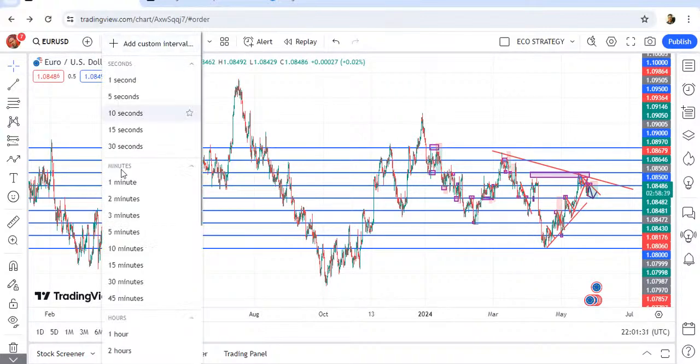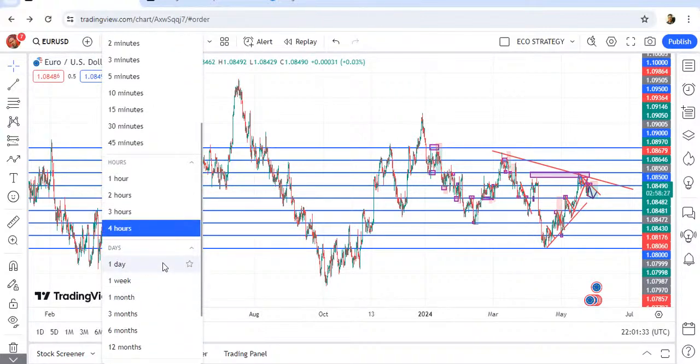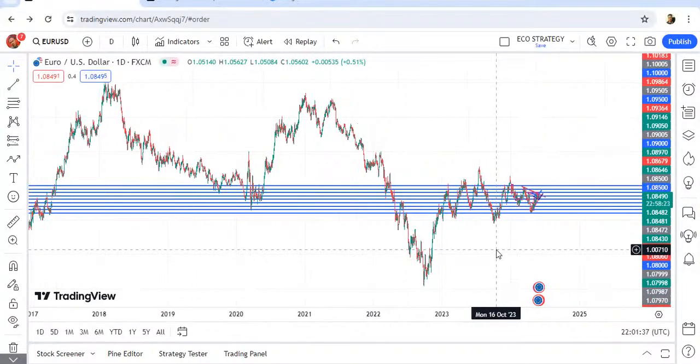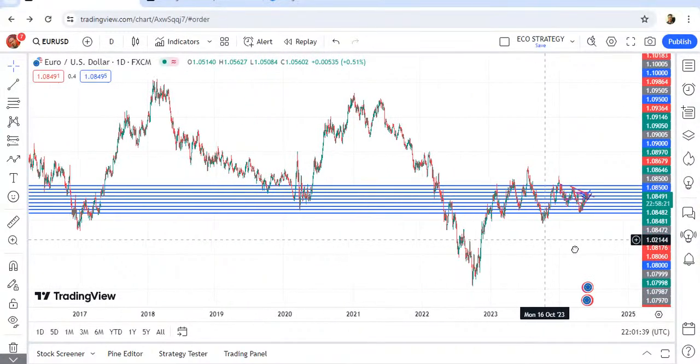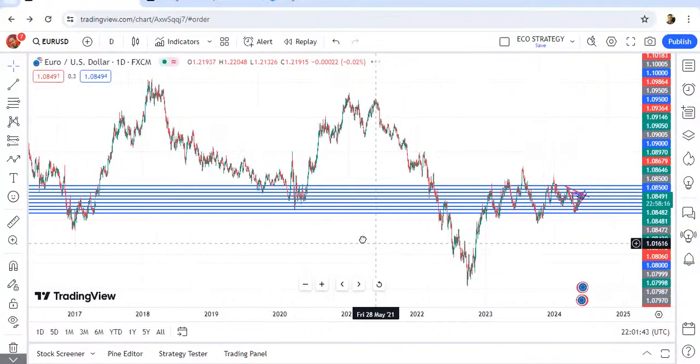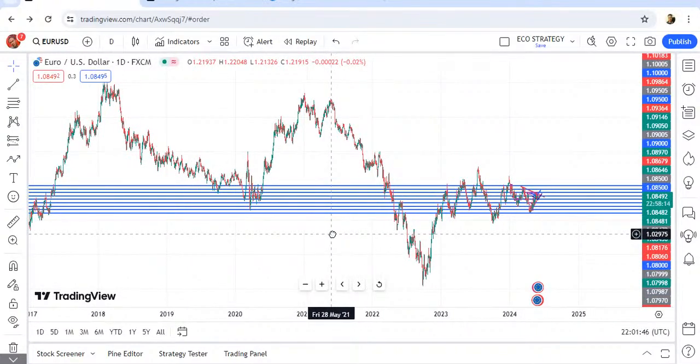Let's go to 1 day and see where the market is going. I want to see, is it going up or going down? So majorly the market is... Can you see this? Where is the market going?